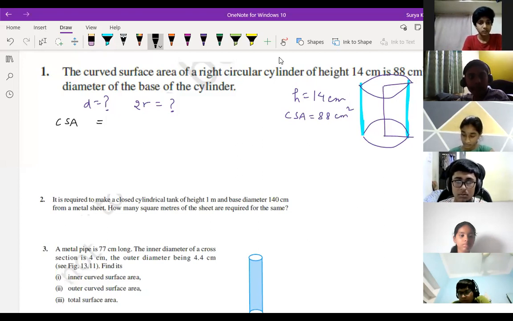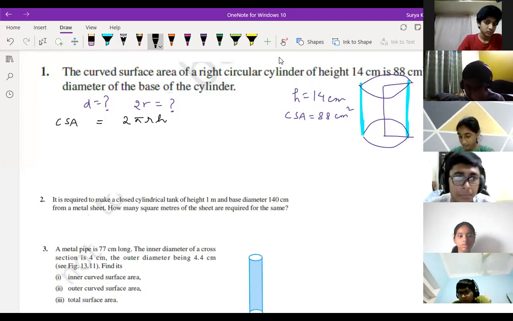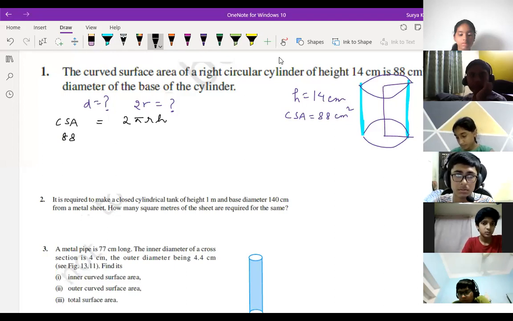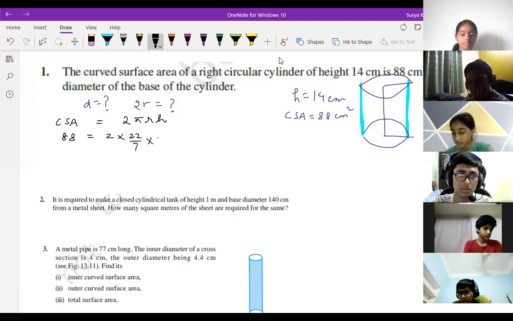CSA formula. Sahil, tell me CSA of cylinder. 2 pi r h. Okay, let me check. The diameter is 2r. So 88 is equal to 2 into 22 by 7 into radius into h, which is 14.